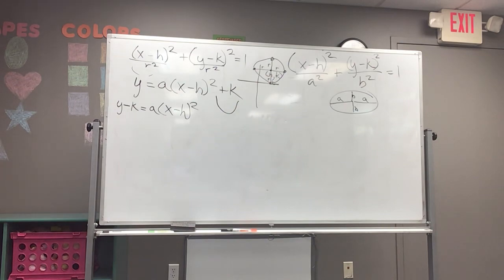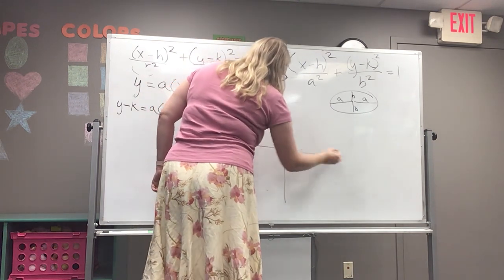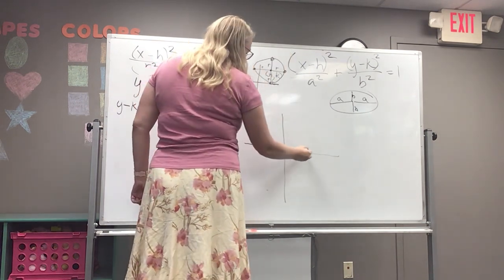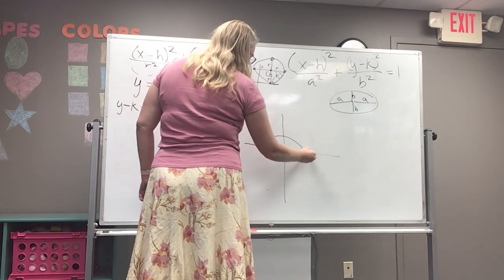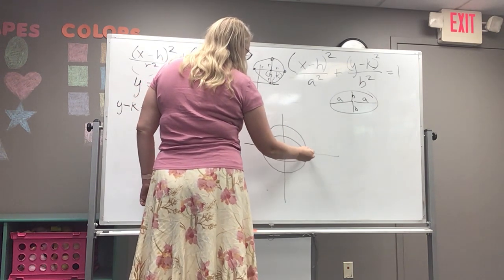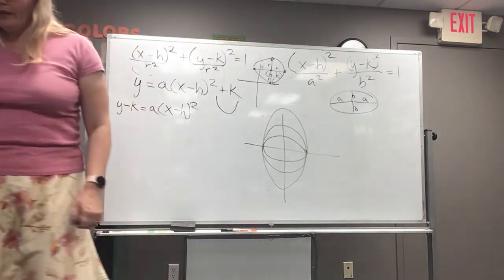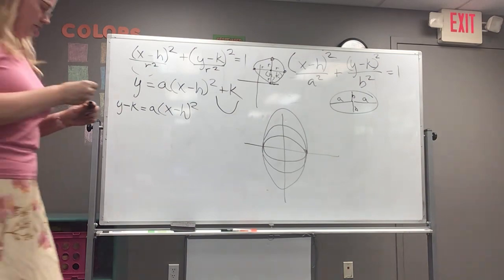So, this one's kind of fun. It tells us that we have two circles and an ellipse. Sorry, I drew that backwards.